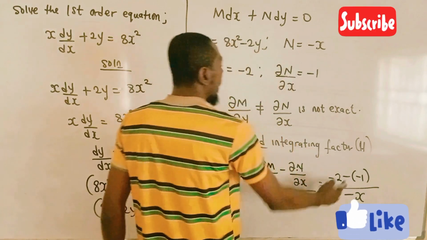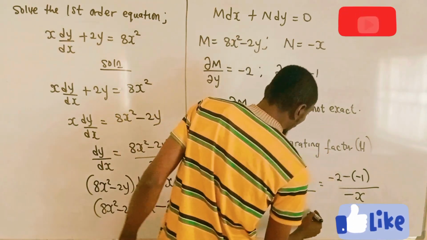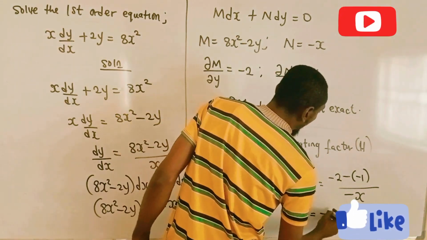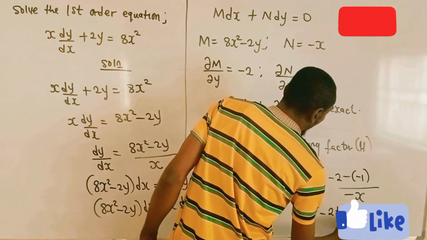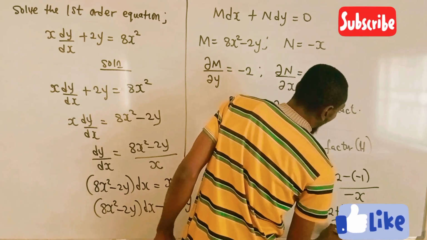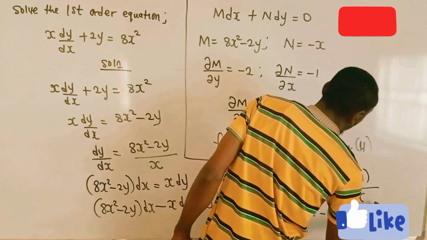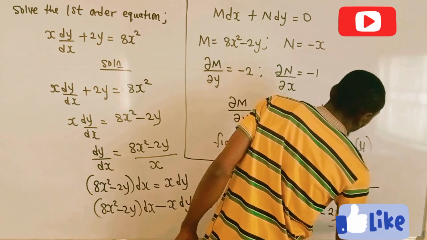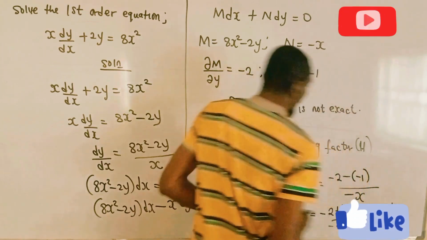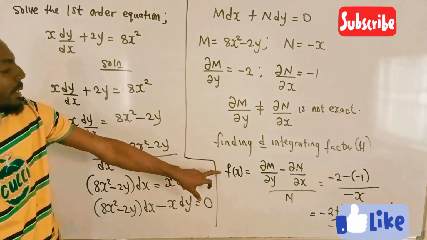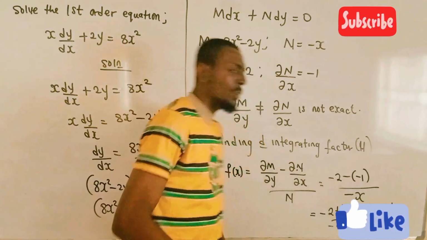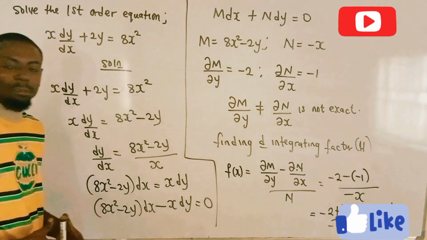So negative 2, minus a negative is positive, so that I have minus 2 plus 1 over minus x. Minus 1 over minus x gives us 1 over x. So f of x is actually equal to 1 over x, so we can find our integrating factor.